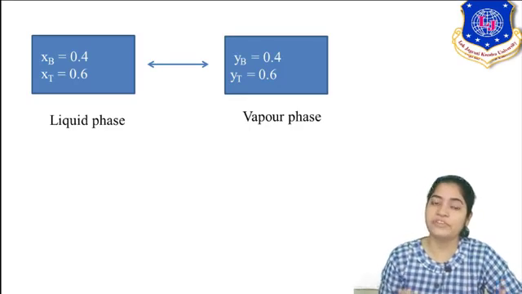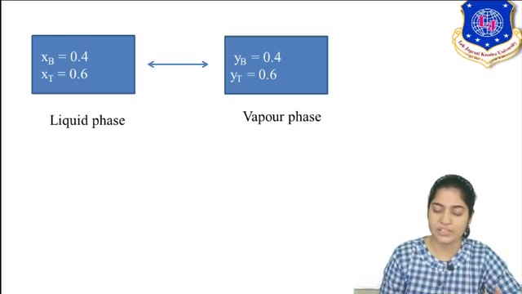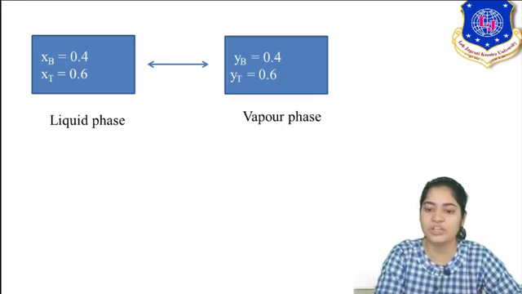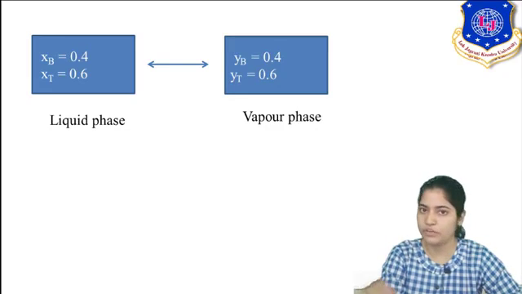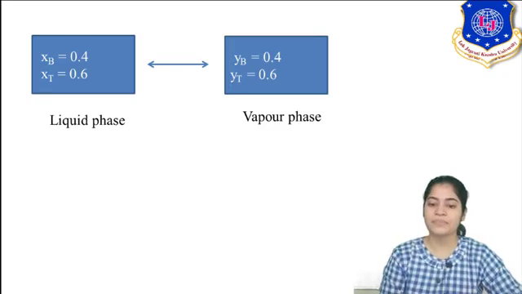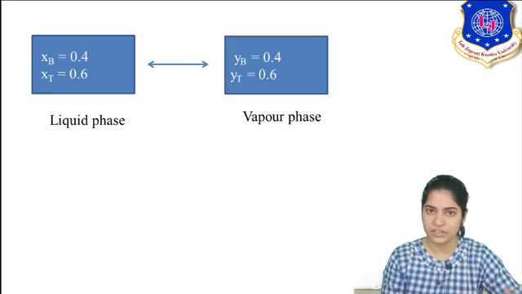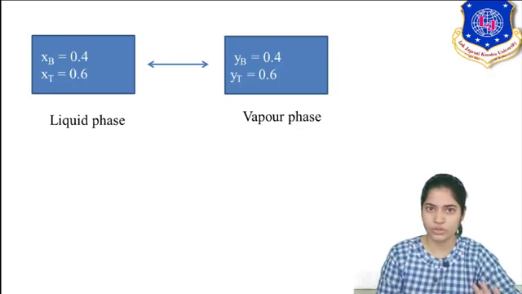But note that when all the liquid is converted into vapor phase, the initial concentration in which we took our mixture would be the same. Now instead of liquid phase composition, I have vapor phase composition. You can see the benzene and toluene composition is 0.4 and 0.6. So we can say that whether totally in liquid phase or in vapor phase, the composition of the mixture remains the same.